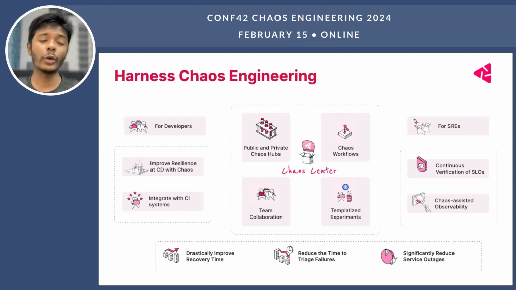In short, Harness Chaos Engineering provides you a plethora of benefits, including reduced downtimes. That is, by proactively identifying the weaknesses, you can fix them before they can cause outages, which can lead to improved uptime and user experience. It also helps you with faster recovery, in the sense that Harness Chaos Engineering helps you build systems that can automatically recover from failures, and therefore it can help you minimize the downtime and impact on your business.